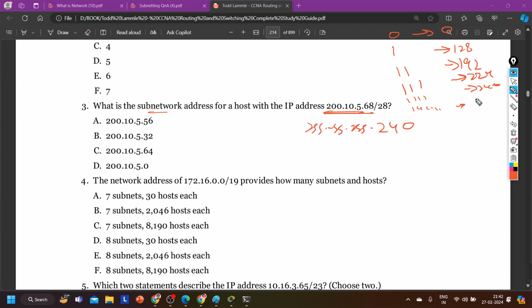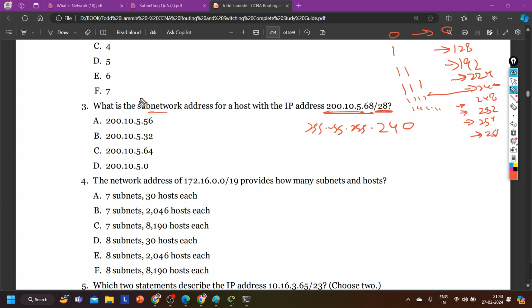If you borrow 5 bits, then 248. When you borrow 6 bits, 252. 7 bits, 254. 8 bits, 255. Right? So here C slash 28 is saying I have borrowed 4 bits, right? So with 4 bits the subnet mask is going to be 240, right?